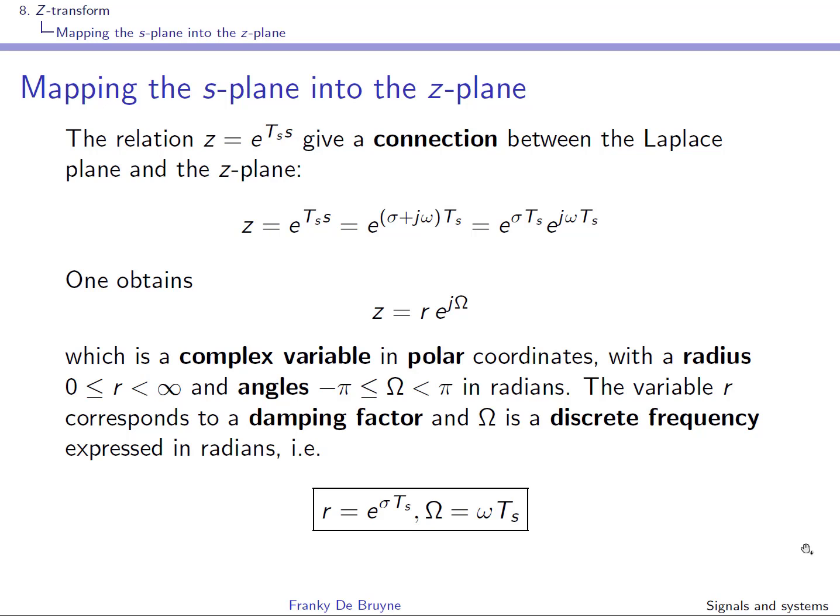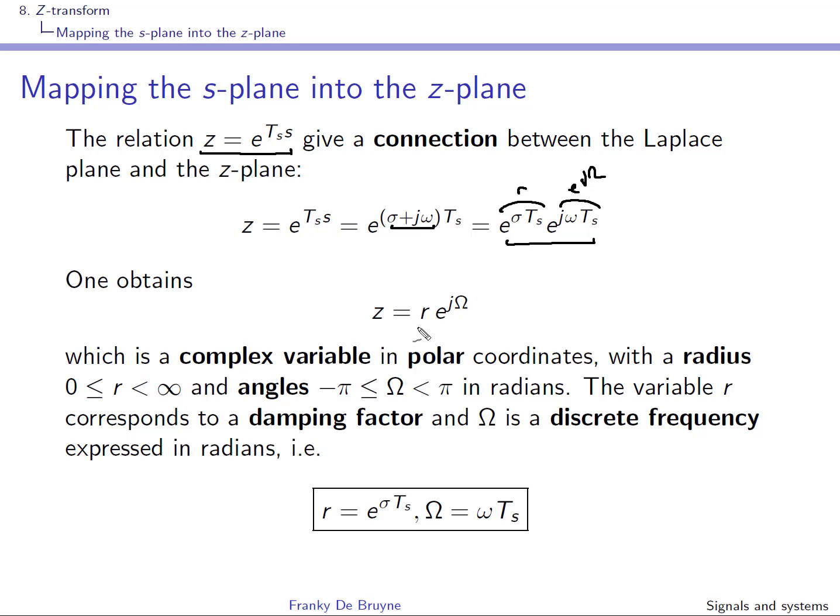The S domain and the Z domain are linked by the relation z is equal to the exponential of Ts times s. If you replace s by sigma plus j omega, you can rewrite z as r times the exponential of j omega.